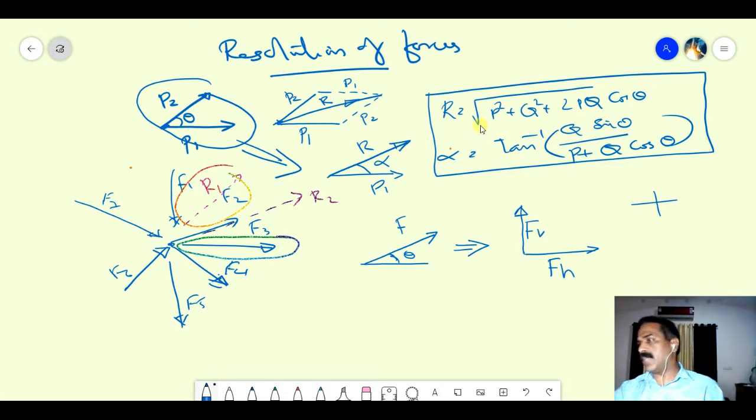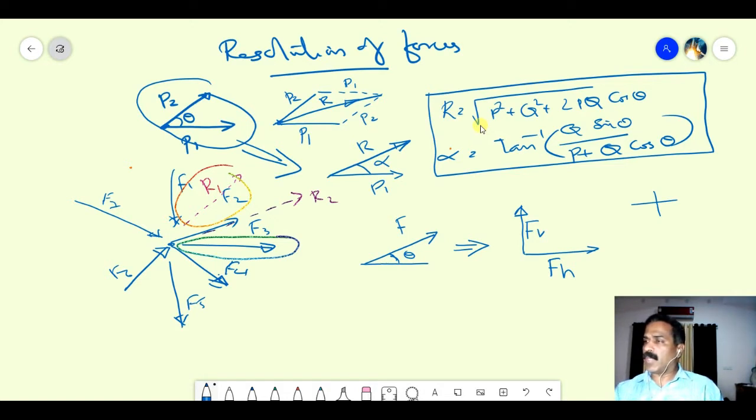Or in other words, if we construct the parallelogram here, F will be the resultant diagonal. The horizontal component is called FH and the vertical component is called FV. Now, what is the value of FH and FV with respect to F and theta?